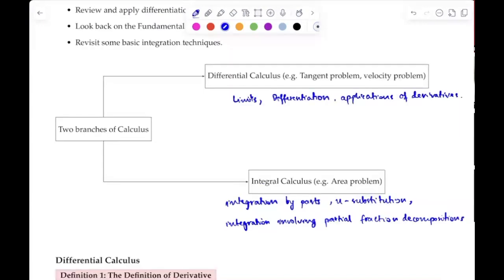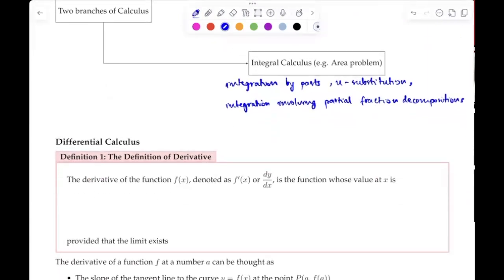We're going to see all of this information again throughout the semester when we start talking about the solution techniques to solve differential equations. So first thing first, let me get to details of differential calculus.